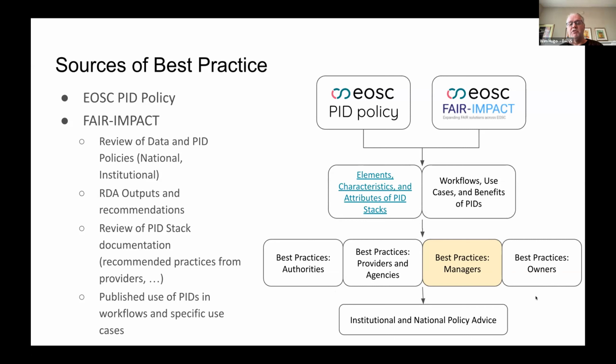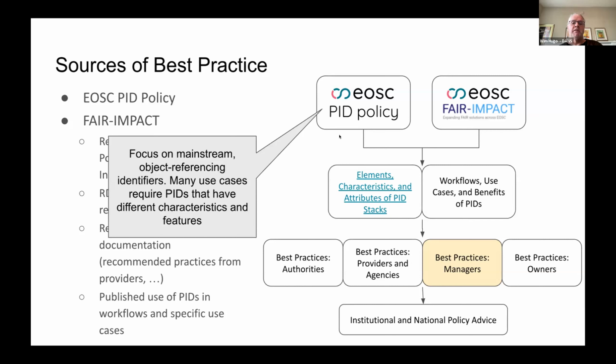And this, of course, can be used to develop both institutional and national policies in respect of persistent identifier use. And those will then align in all probability quite well with the EOSC PID policy.